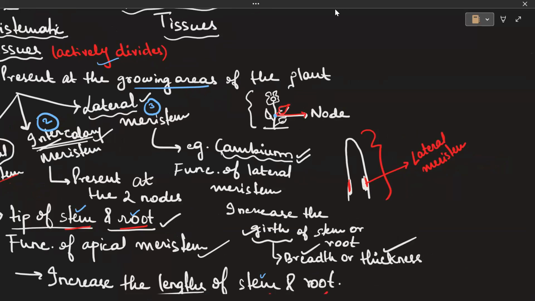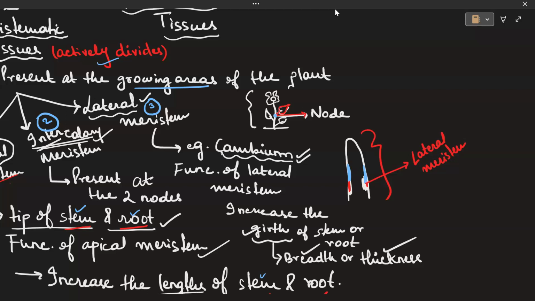The example of lateral meristem is the cambium. Lateral means with respect to position, the side position. The side of the plant's body is where the lateral meristem is, and one example of lateral meristem is cambium.